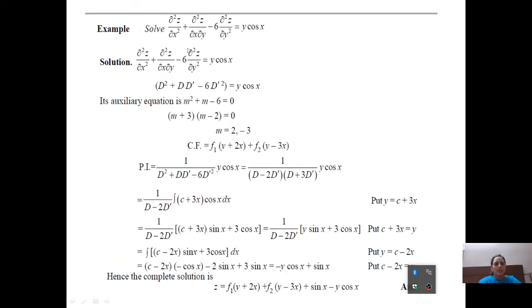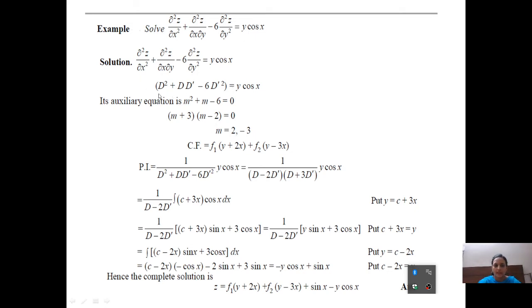In continuation with this, let us solve one more question to understand the method. Here is the question: del 2z over del x square, del 2z by del x del y minus 6 del 2z by del y square is equal to y cos x. As already discussed in the method, the right hand side function can be of any form. So this is y cos x, not any specific form.